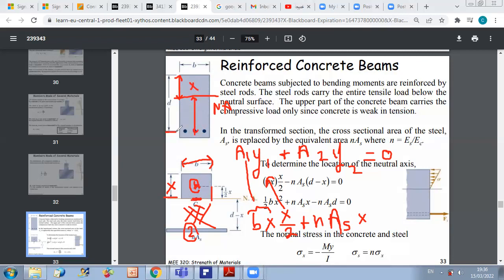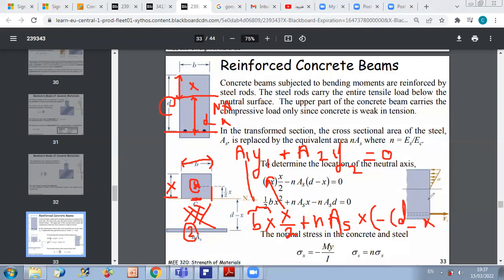As you can see, the distance between the top of the beam and the center of the steel rod is given, it's d. So this distance will be d minus x. And since you are below the neutral axis, it's a negative y. So you multiply by minus (d minus x).